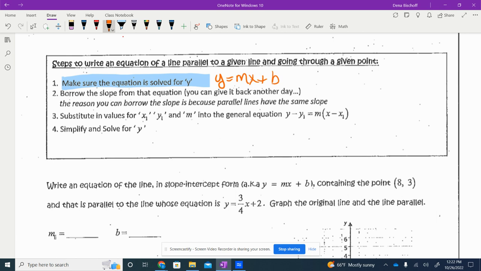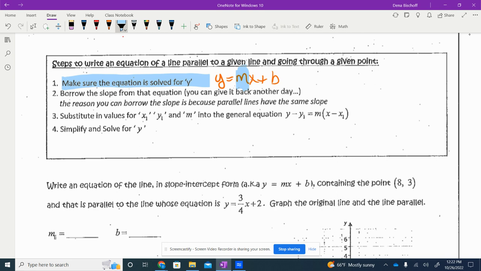You want it to look like y equals mx plus b, because then you know that your slope is this number right here. So you always want your equation to be solved for y.